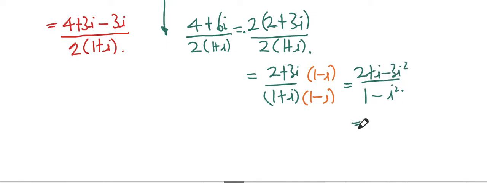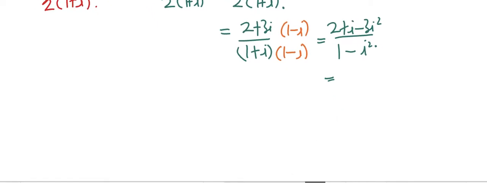So simplify further: you have 2 plus i, and then i squared is negative 1, so that will be positive 3, over 1 minus i squared, which is negative 1. Negative 1 times negative is positive 1.